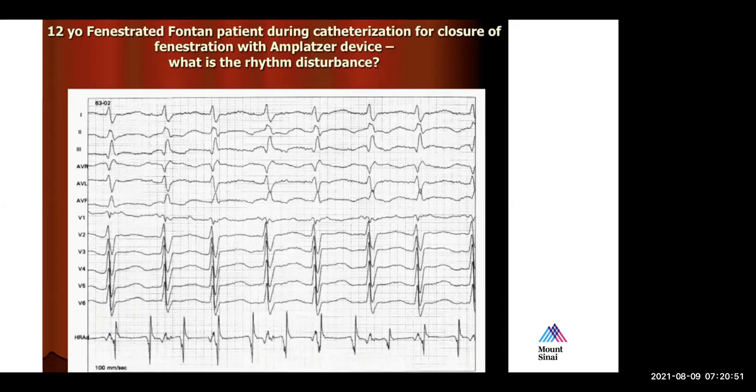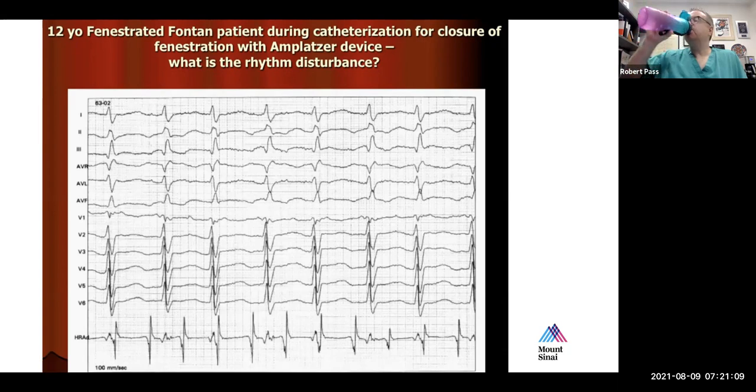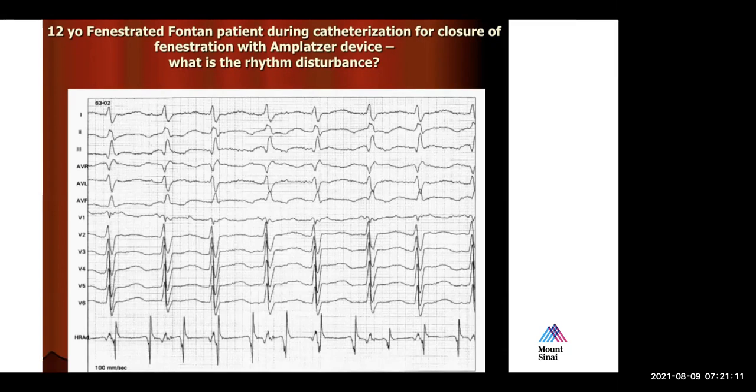Wait, in the first beat itself, it looks like the P wave or the A wave is after the QRS, that corresponds to the surface EKG. Correct, yes. And then following that, there is a wave on HRA, then again an HRA that is not conducted.